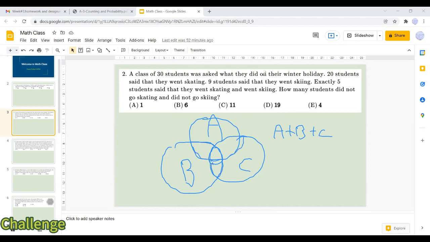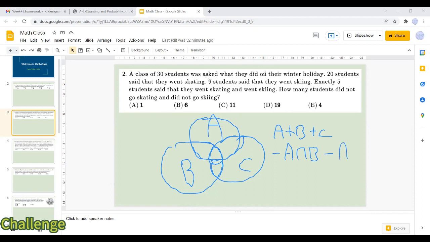So let's first subtract the cross sections that have 2 different areas overlapping. So the cross section with 2 different areas overlapping, let's say we have A and B. So we have to subtract A and B once because inside of A, we had A and B, and inside of B, we had A and B. So we have to subtract one of them to get rid of one of them.